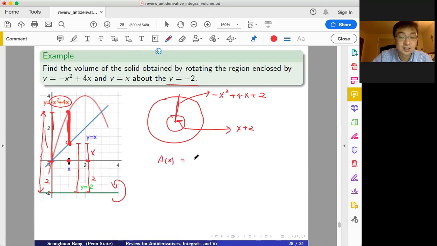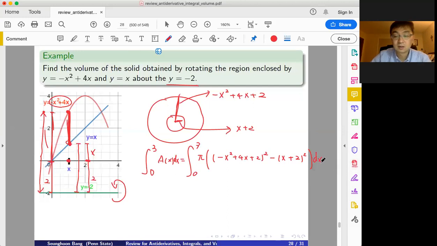A of x is pi times the outer radius, negative x squared plus 4x plus 2, squared, minus x plus 2, squared. You can take the integral from 0 to 3, dx. So that's it. This is the idea.